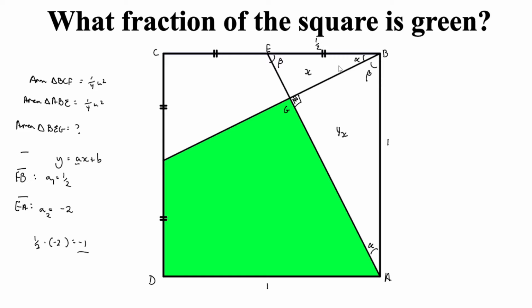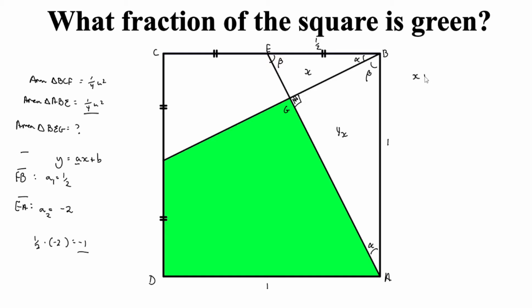And we know that this whole triangle has an area of 1/4. So we have x plus 4x equals 1/4. We get 5x equals 1/4.